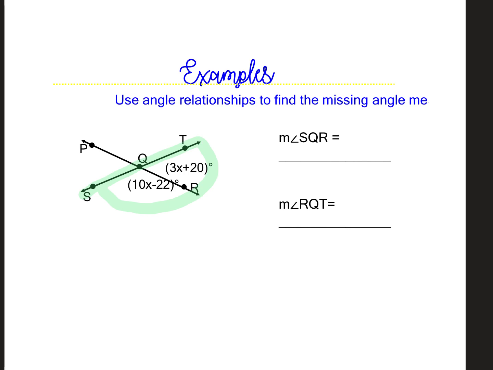Together, they're forming this straight line. So this is considered a linear pair. Linear pairs are adjacent, which means they're right beside each other, and they're supplementary, which means they add up to 180.